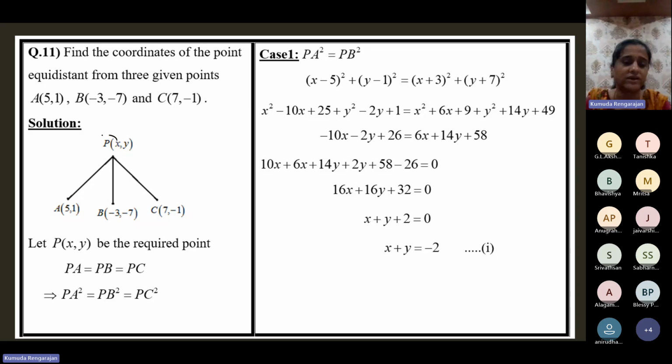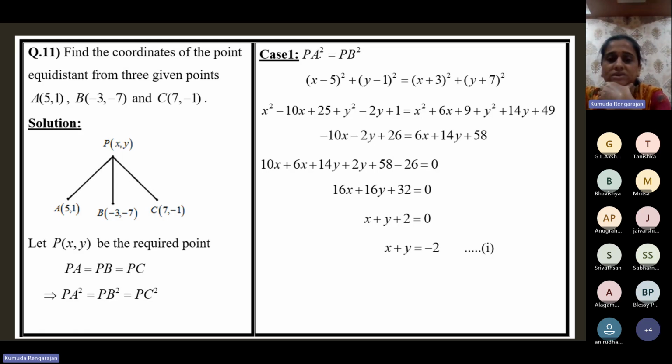So (x minus 5) the whole square plus (y minus 1) the whole square is equal to PB square. Use the coordinates of P and B, with the difference between the x coordinates squared and the difference between the y coordinates squared.